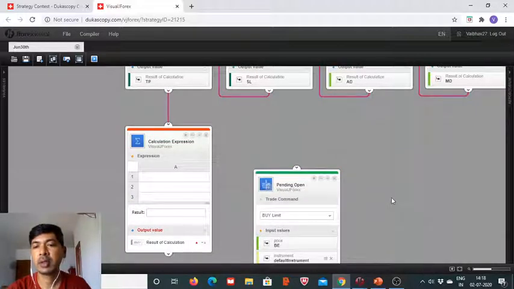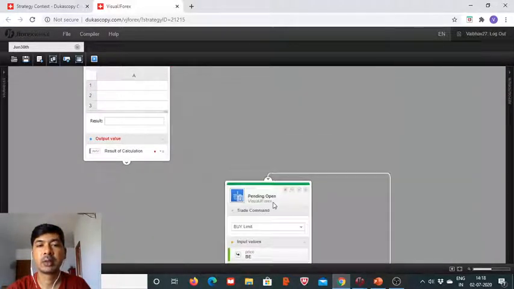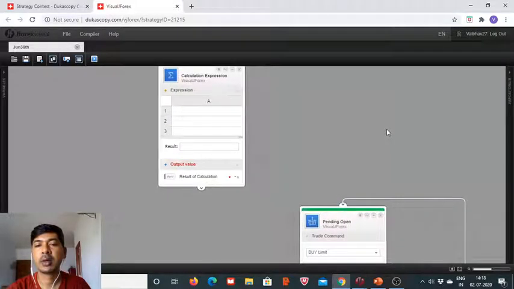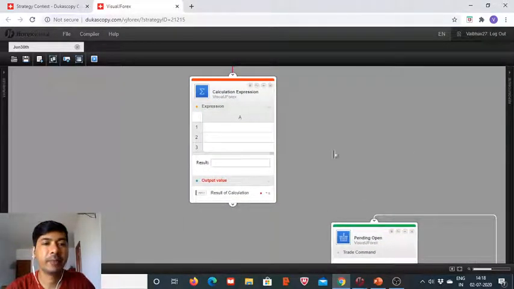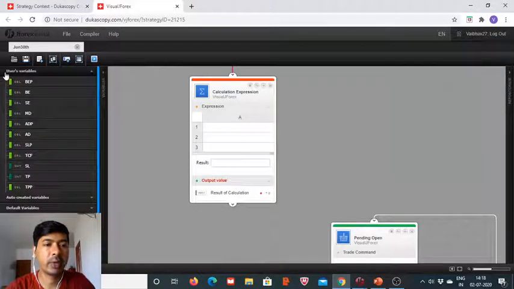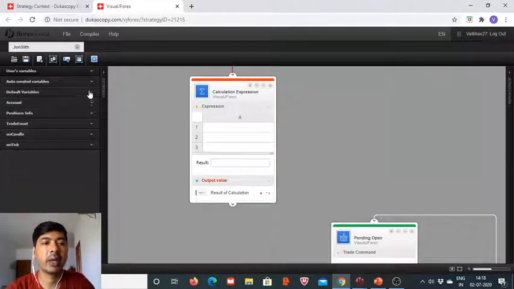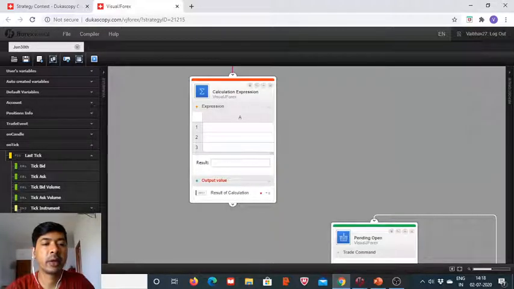And now next is the calculation for the order validity time, and for that we have to consider the current tick time, on tick, last tick, and last tick time. So we got this.